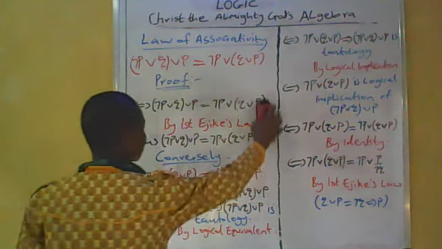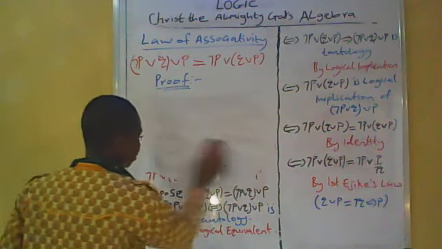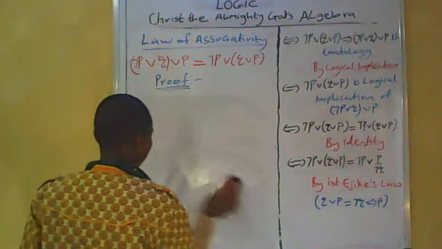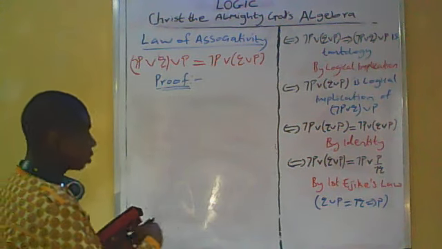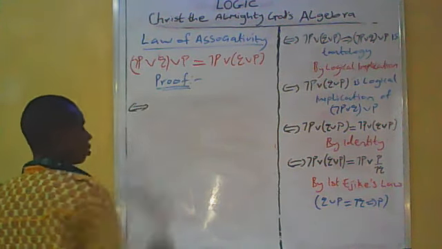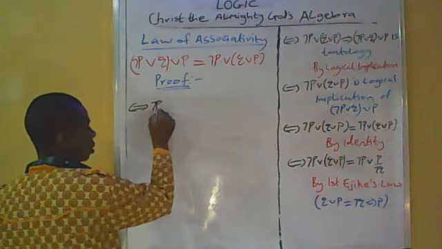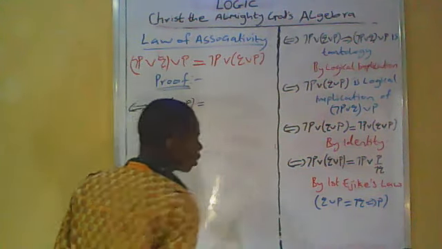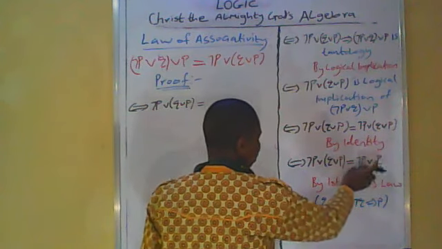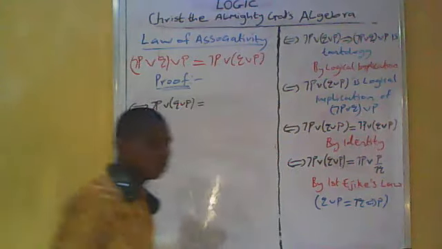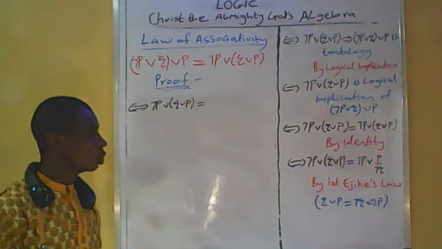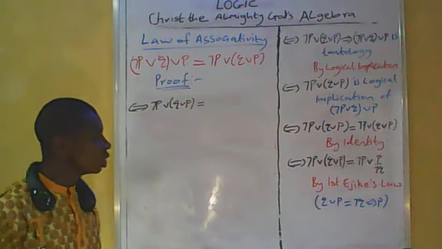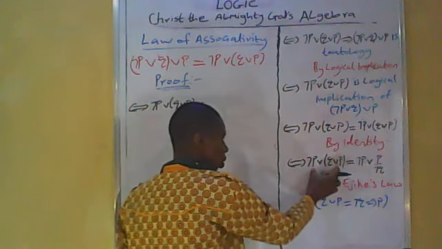We continue to this side. Say if and only if not P or (Q or P) is equal to, let's distribute this implication to this disjunct, not P. You are going to have (not P implies not Q) or P. It still maintains equivalence, still a tautology. Here is a tautology, here is also a tautology.